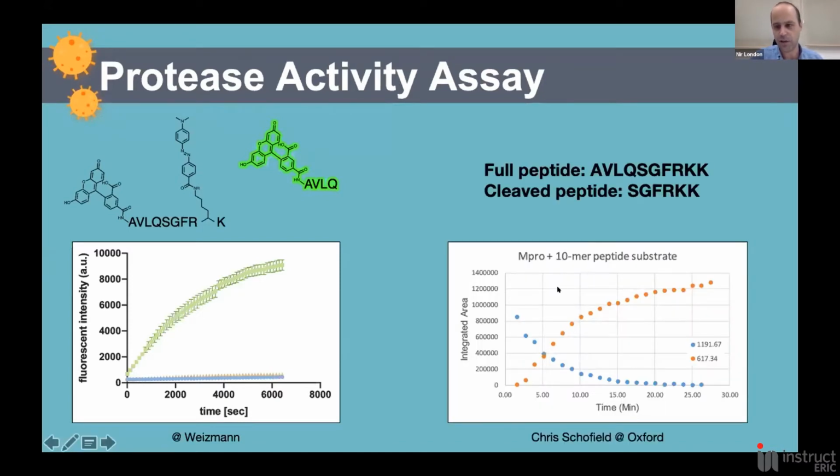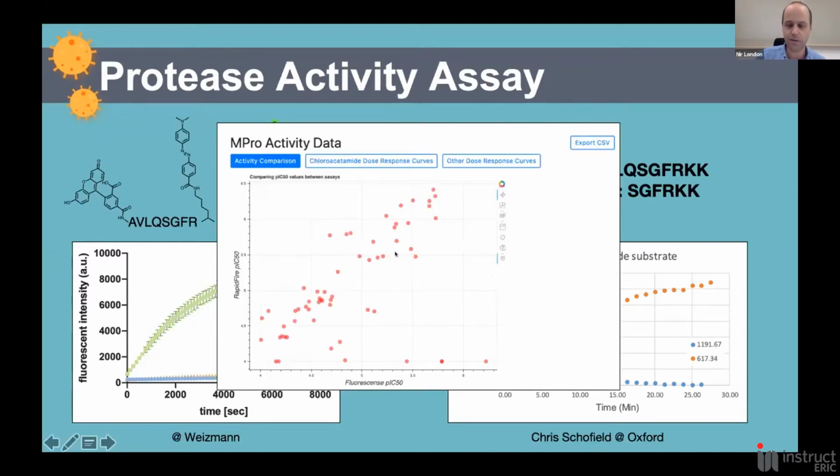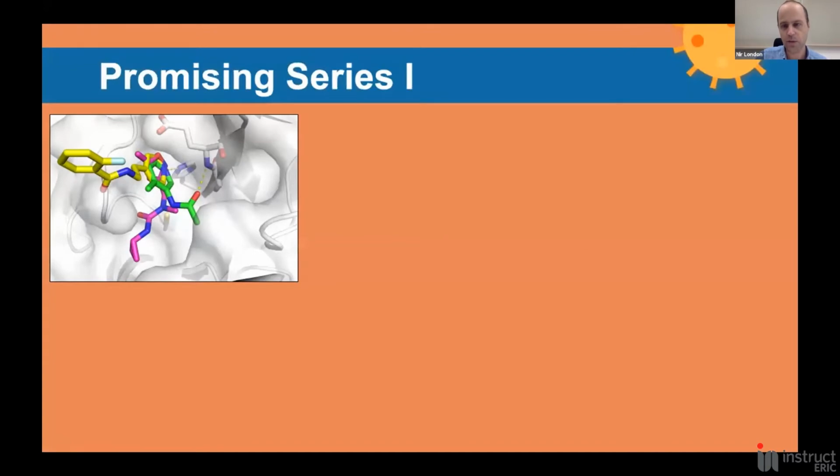We have an orthogonal assay based on mass spectrometry where Chris Schofield's group at Oxford are following the mass of the full peptide and the cleaved peptide, and they can extract the rate of the reaction from that. And you can see here for a selection of random compounds that the correlation between the two assays is very nice. So I want to go into a couple of promising lead series that came out of this effort.